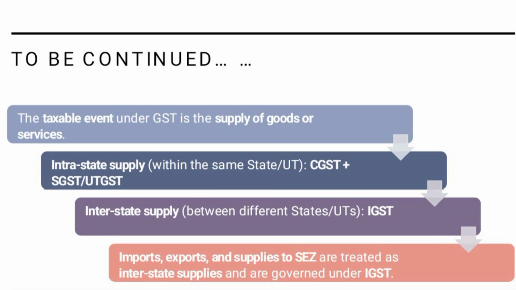So supply to SEZ is zero rated, means if you supply to a special economic zone it is zero rated. So simply, trade law is something different in case of supply to SEZ. In the language of GST, SEZ is treated as a foreign country. So import, export and supply to SEZ are treated as interstate supplies and governed under IGST. Clear?